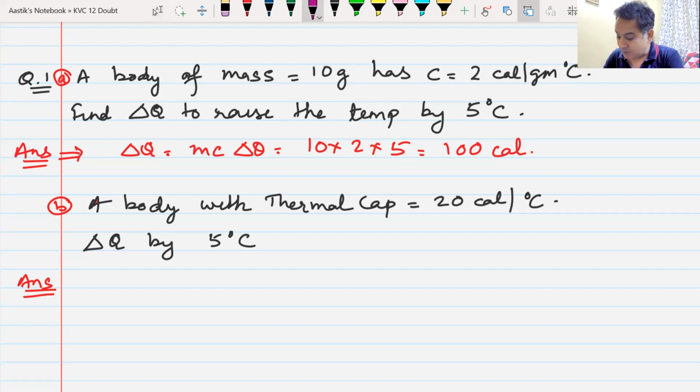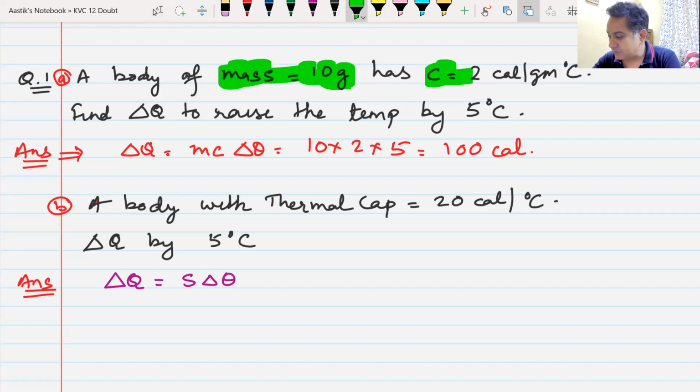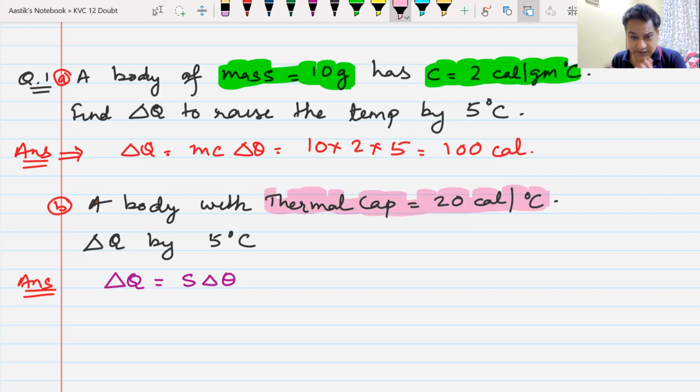In this case, how will I find out delta Q? Delta Q will be equal to specific heat multiplied by delta theta. In place of giving you its mass and specific heat, I am straight away giving you its thermal capacity or heat capacity, which is mass multiplied by the specific heat.